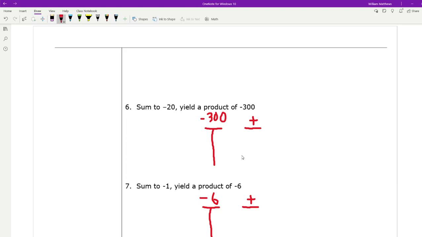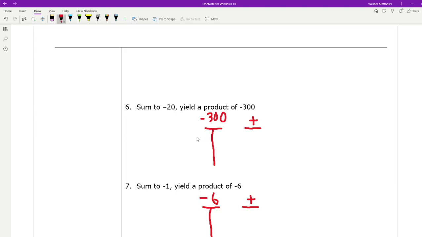Now, if you know your factoring, you can kind of make it a little bit easier. I know that in this case, the sum being negative and my product negative, I need to make my larger value negative. 1 and -300 clearly is not going to work. I can keep moving down, thinking through the process to make it a little bit easier.